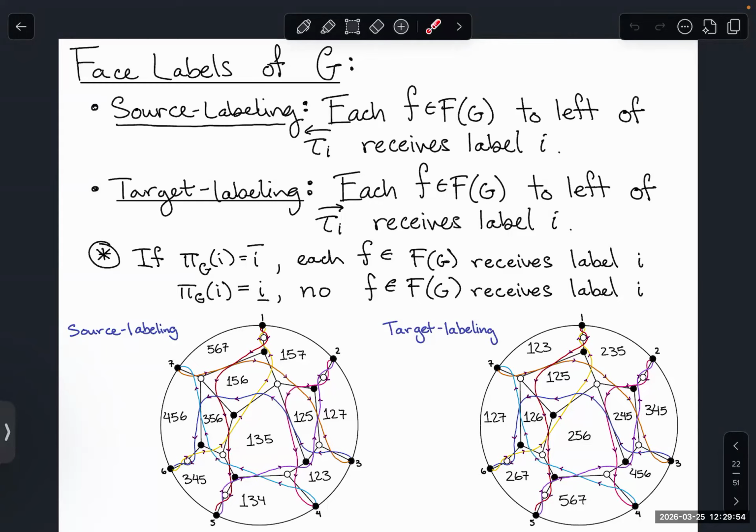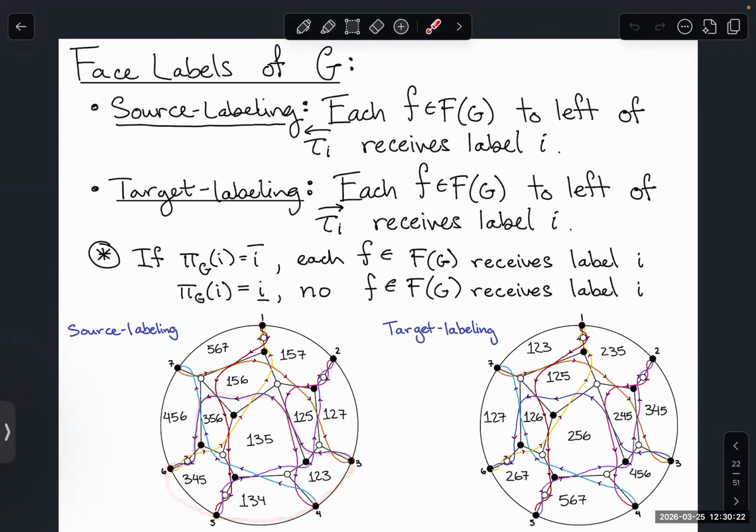For example, I've included the source and target labeling along with our strands of the underlying graph that we've been looking at. If I follow that same strand, the one that started at 3, I think it was, that goes from 3 to 6, every face in this region, which kind of looks like a cowboy hat, contains the index 3.